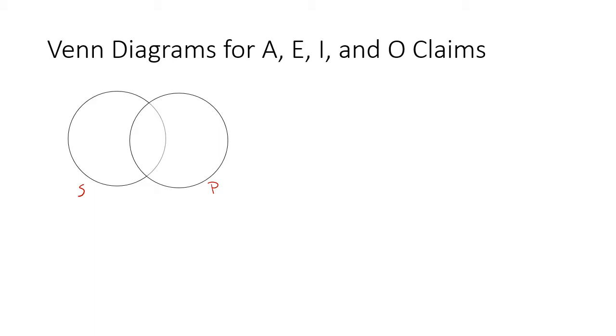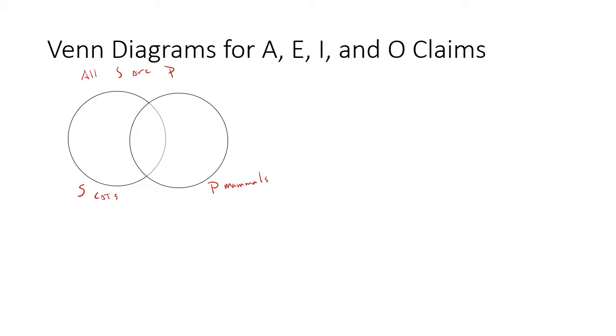But let's do an A claim. Let's do All S are P and talk about how to represent that. And for our purposes, we'll make S cats and P mammals. So just to give you some context here.